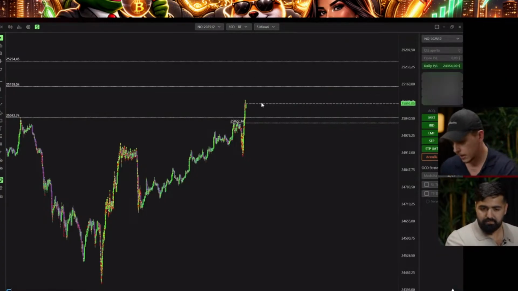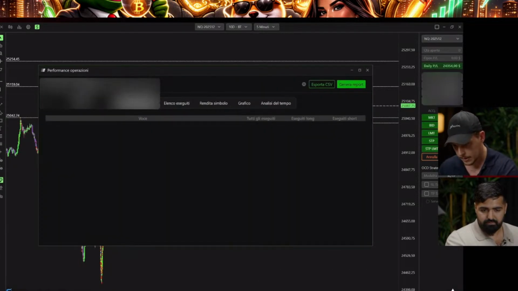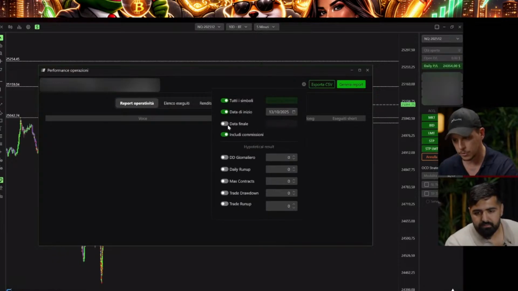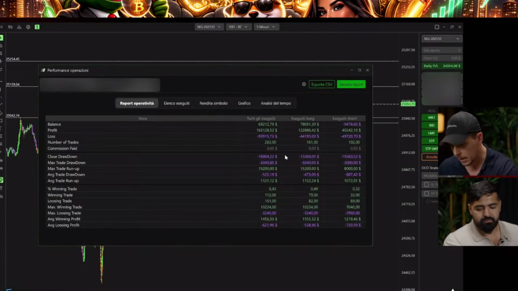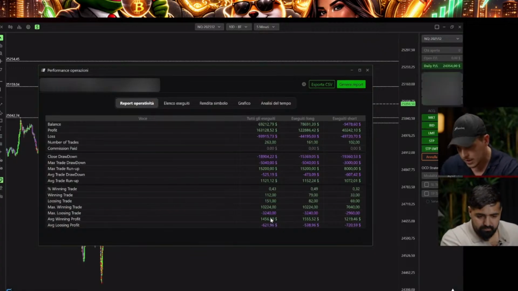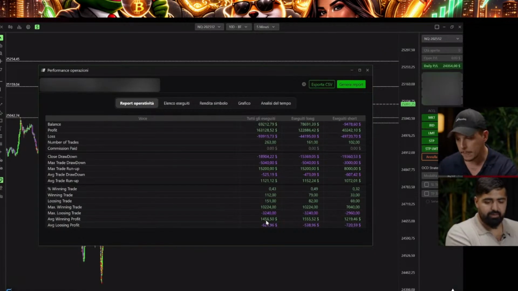I prefer, look, I can show you, because it's really important for people to understand my complete model. On the account, just from Monday, I took around 100 executions in total. I want to show you the average winning trade. The average winning trade is $1,000 on one contract.